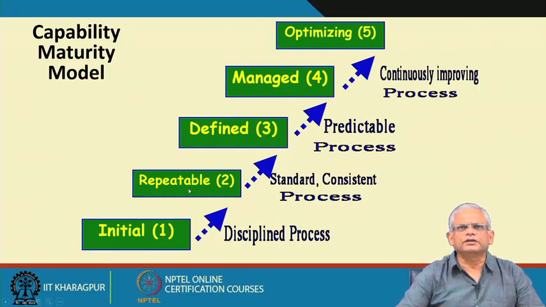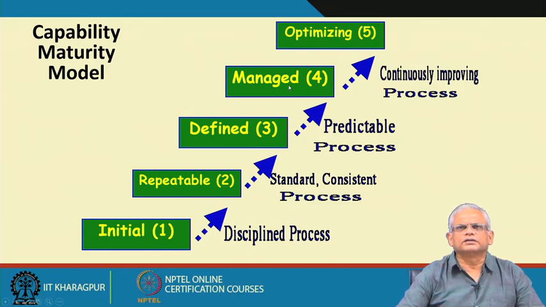In the repeatable, processes are followed, but there can be variation across the different team members. The project management is followed, and then the next level 3 is the defined process, where the process is defined and documented.